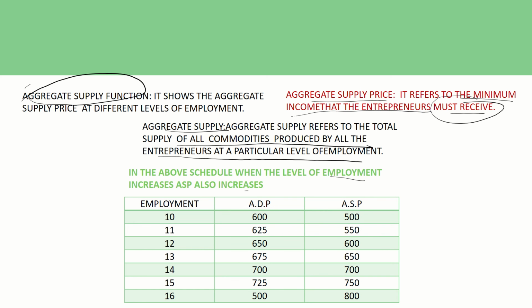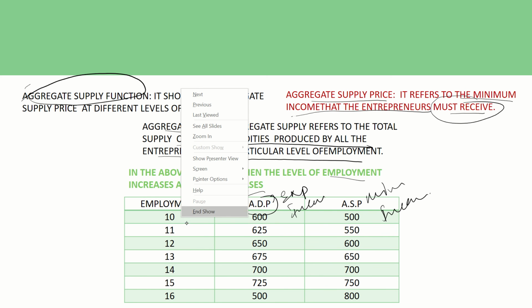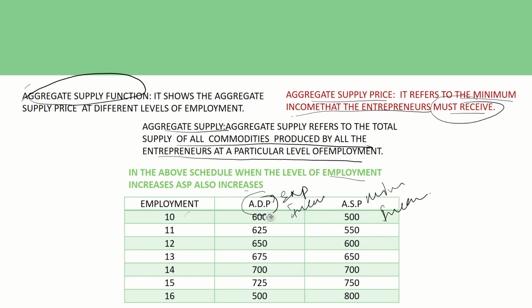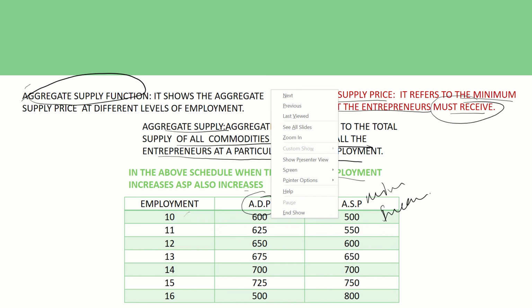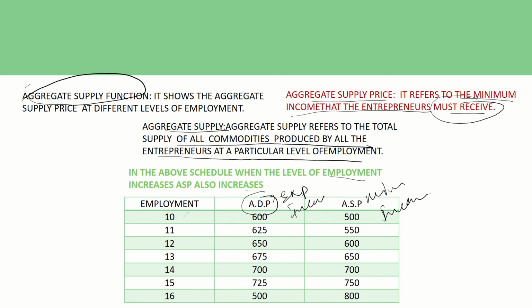In the above schedule, as the level of employment increases, the ASP also increases. So this is the expected income and this is the minimum income we must receive. For 10 lakh employment labors, 600 is expected and the minimum income is 500, right?